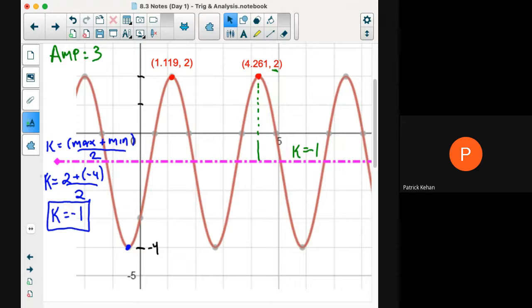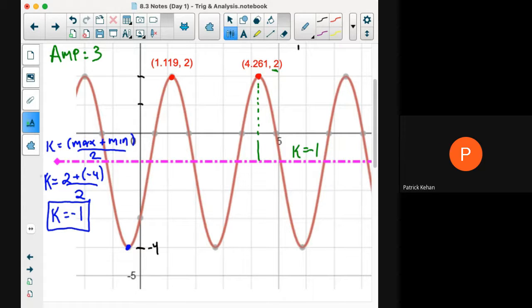At this point, people start thinking, okay, do I want to write sine or cosine? If you struggle with that, maybe you can move into the period, but we're going to try to determine whether we want a sine function or a cosine function. You want to look for helpful points here.